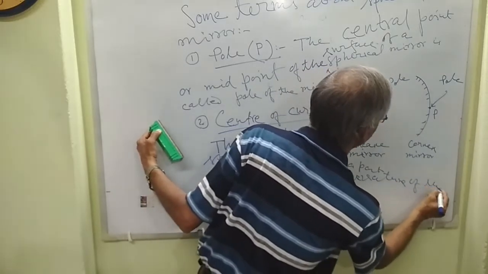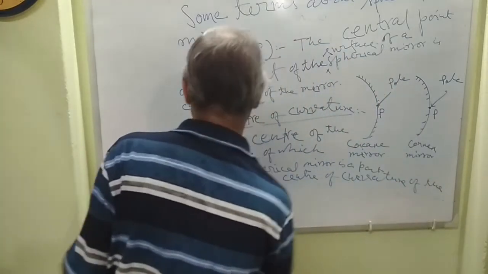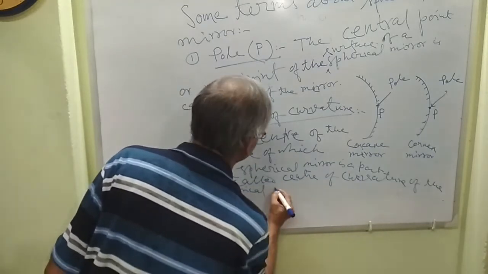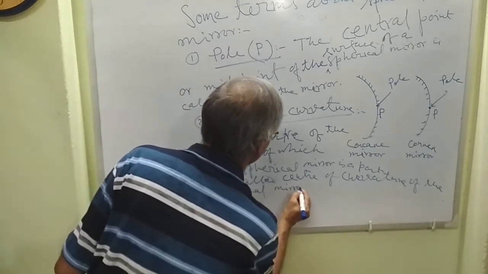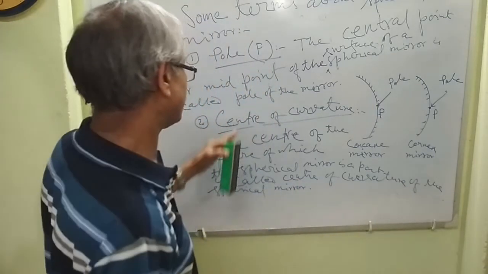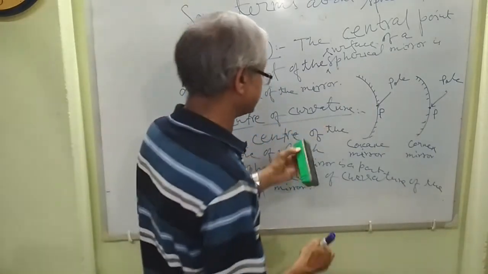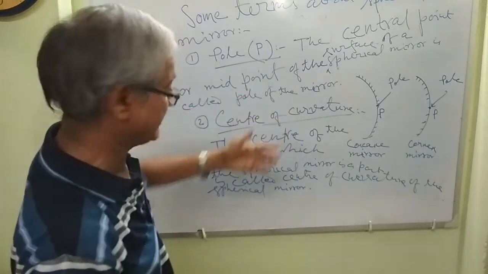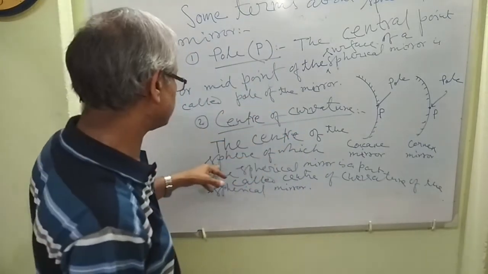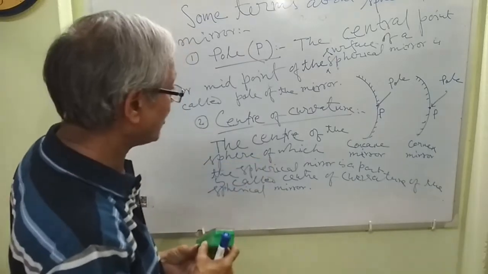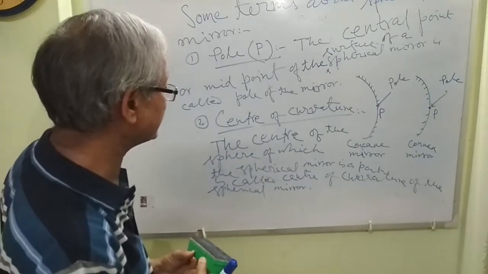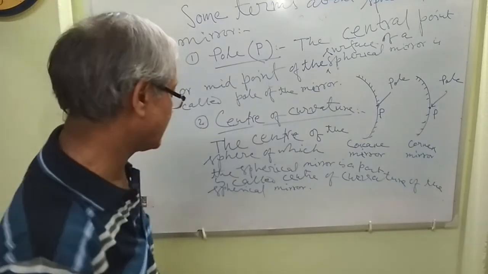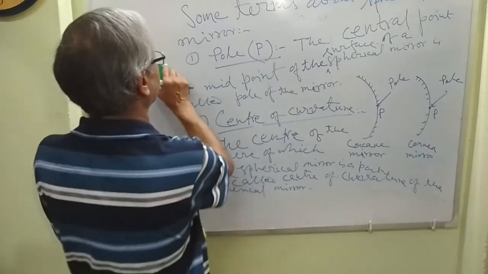Like in this case, we see another figure. The center of the sphere of which the spherical mirror is a part is called the center of curvature of the spherical mirror.